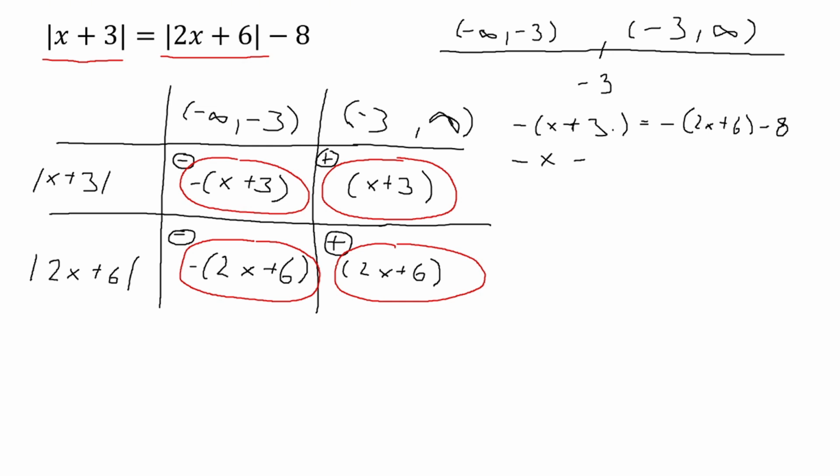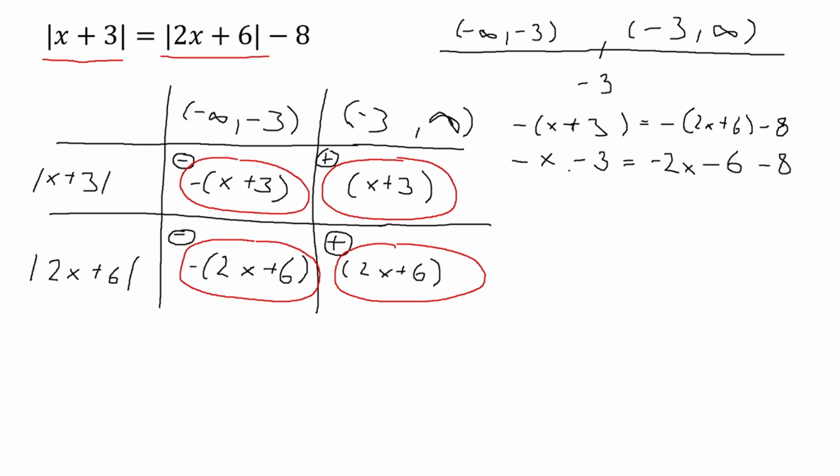So you distribute the negative sign because it's not just a negative sign. It's actually minus 1. You just don't write the 1 there. So that's negative 1 times x, which would be negative x, and negative 1 times 3, which would be negative 3, is equal to negative 2x minus 6 minus 8.